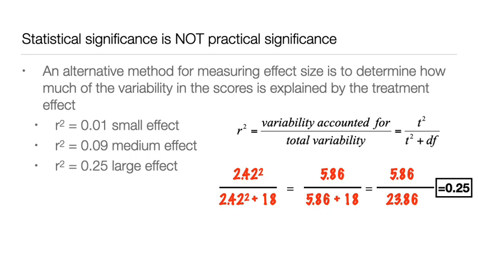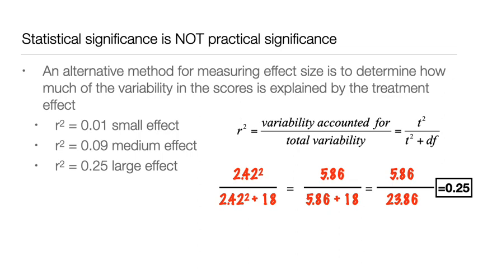As you can see here, that would be a large effect. Remember, we're talking about magnitude. Here, you're always going to have a positive number because you're squaring those values. But if you did a Cohen's d, an estimated Cohen's d, you can get those negative values. Just remember that we're still interested in magnitude.